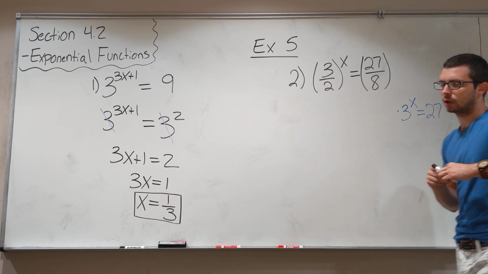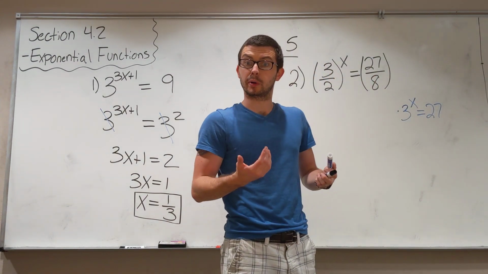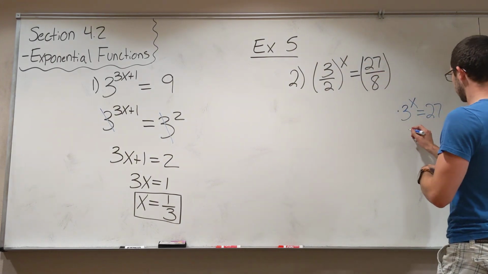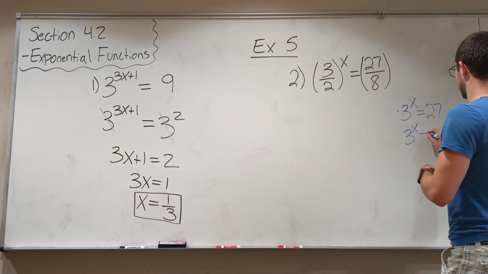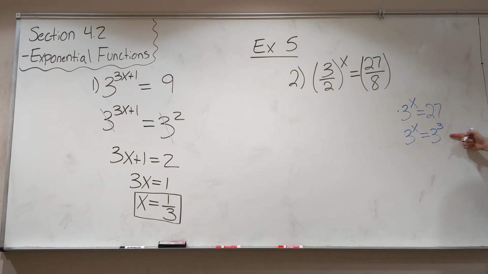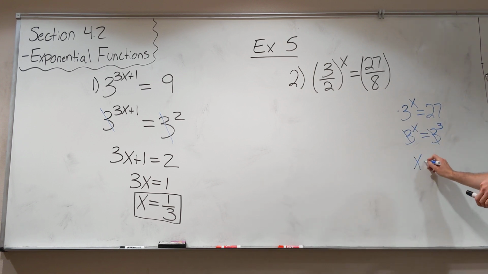Well, it turns out 27 is 3 raised to the 3rd power. So what we can go ahead and do is rewrite 27 as 3 raised to the 3rd power. And from here, well, the bases cancel and we get that x is 3.